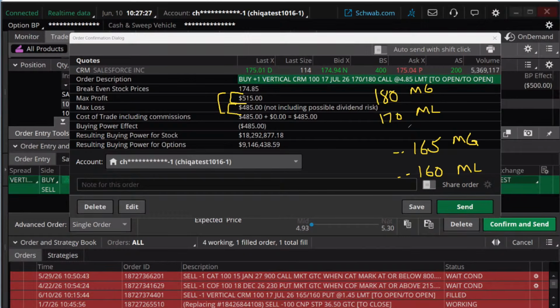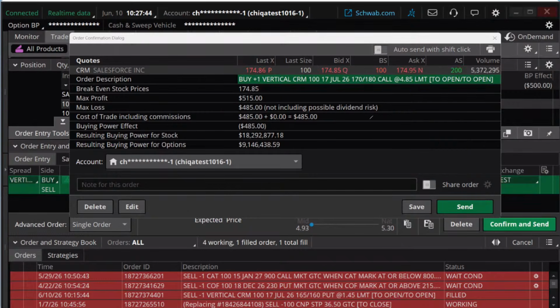We've shifted the target area up. It's a more bullish trade. We have a better reward to risk ratio, worse probabilities. Now, let's use a little thought experiment here. Right now, on this particular trade, we're looking at the 180 and the 170.